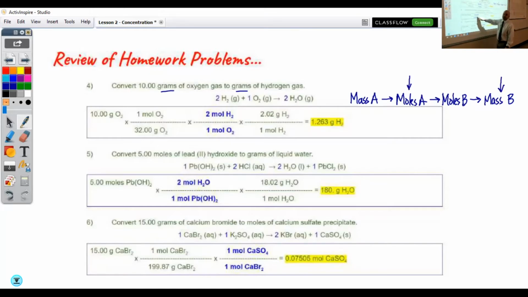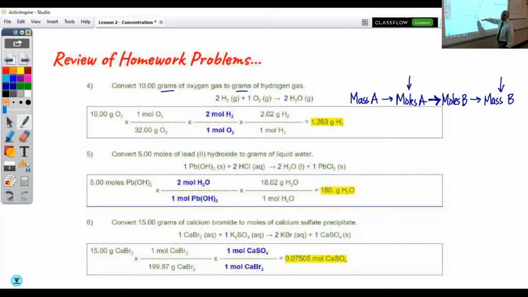So I only need to set up 2 fractions here. So we start off with moles. Now, our first step is this conversion here from moles of A to moles of B. This is where we use the coefficients from our balanced equation. So in this case, we start off with 5 moles of lead-2 hydroxide.